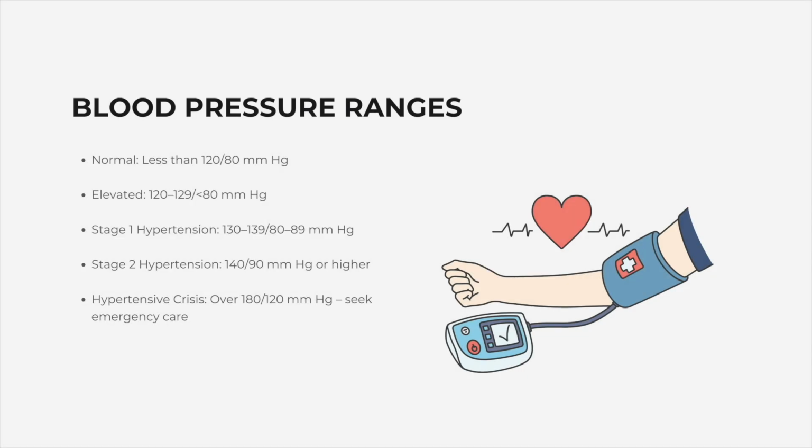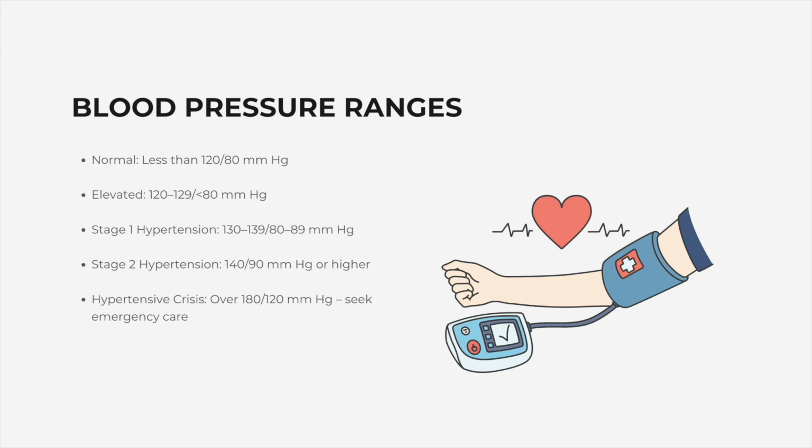Now, if we look at blood pressure ranges, a normal blood pressure, again, is around 120 over 80 or even a bit less. An elevated blood pressure can be 120 to 129 over a diastolic that's greater than 80. But when we want to diagnose hypertension, there's two stages.